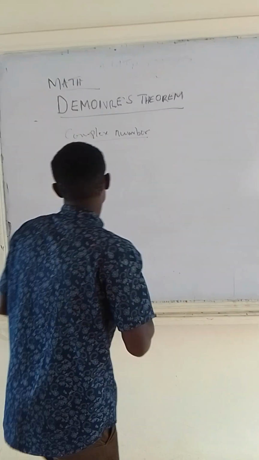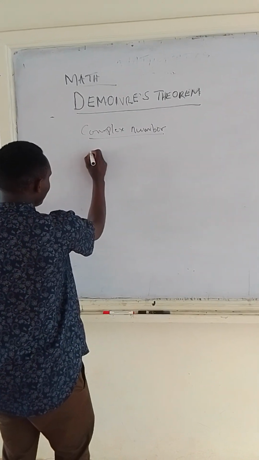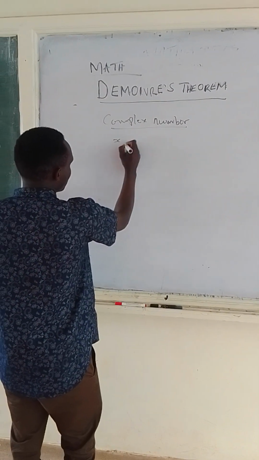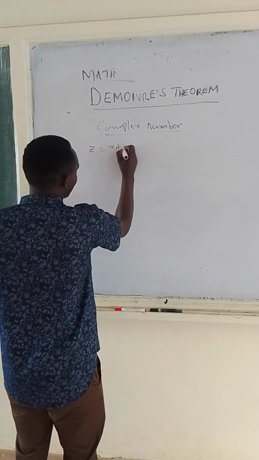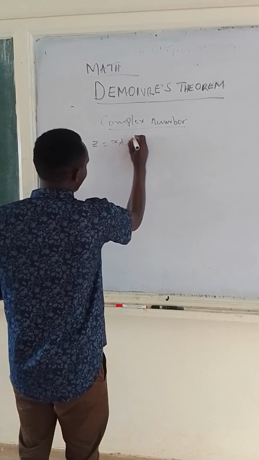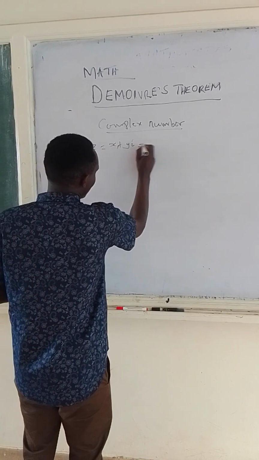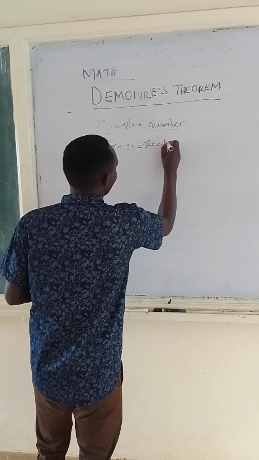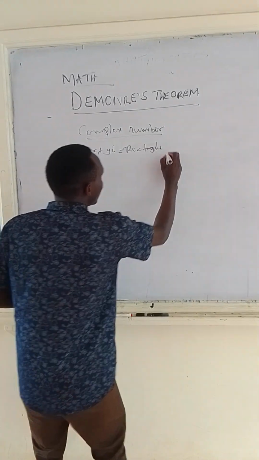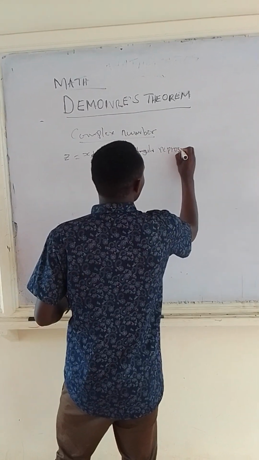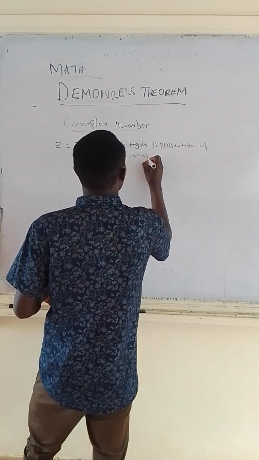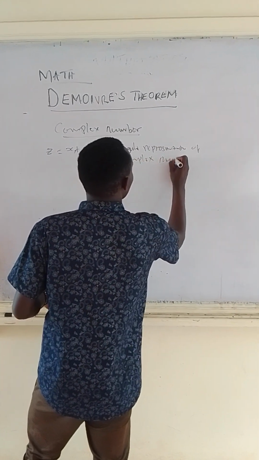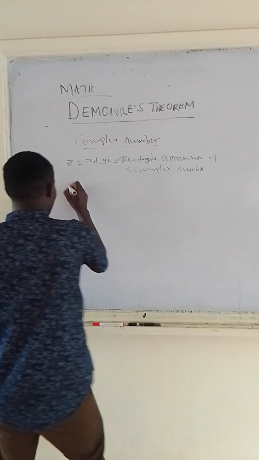So in rectangular form, we have z equal to x plus yi. So this one is the rectangular representation of a complex number.